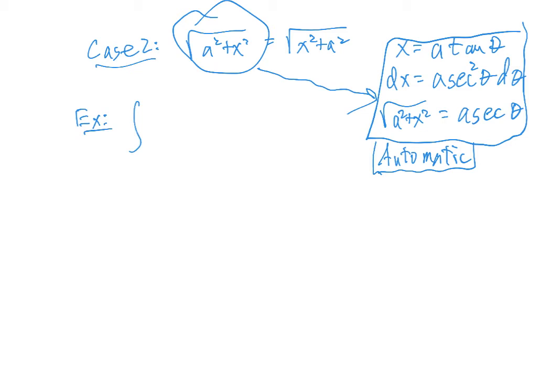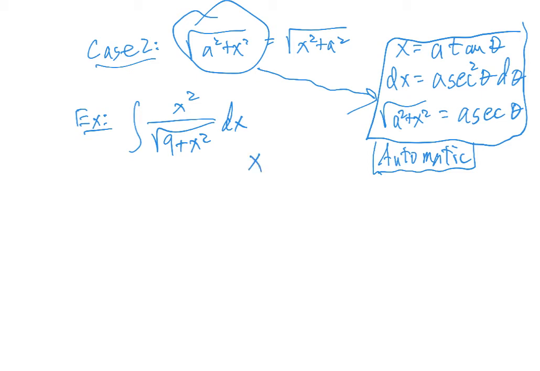The antiderivative of x squared over the square root of 9 plus x squared dx. So you look at that, and we don't know an antiderivative, so we're going to use trig substitution.